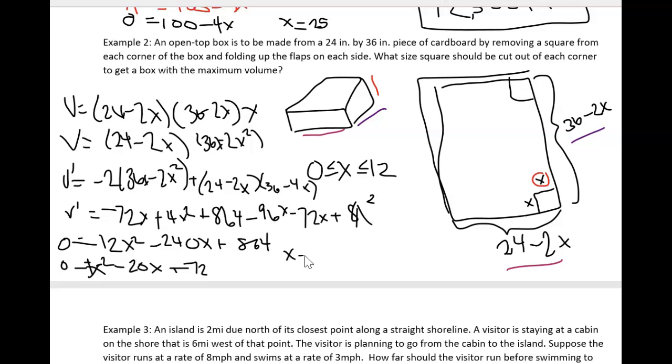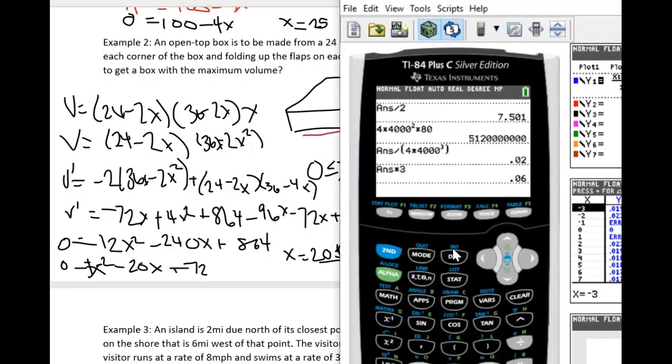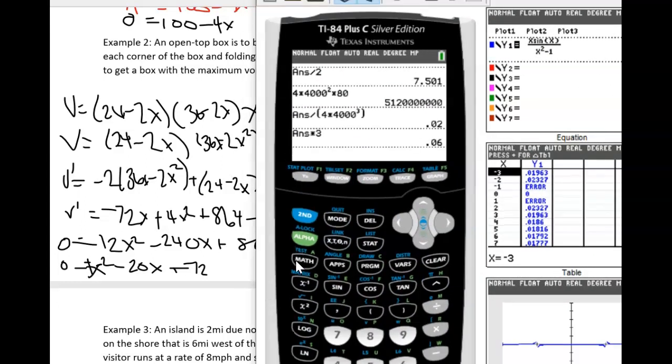So we're going to do x equals 20 plus or minus the square root of negative 20 squared minus 4 times 1, that's my leading coefficient, times 72, all over 2, technically times 1. And so if we simplify this as much as possible and get a decimal approximation, we should have the solution to our equation. So I'm going to use my calculator, and I am going to type this beautiful quadratic equation.